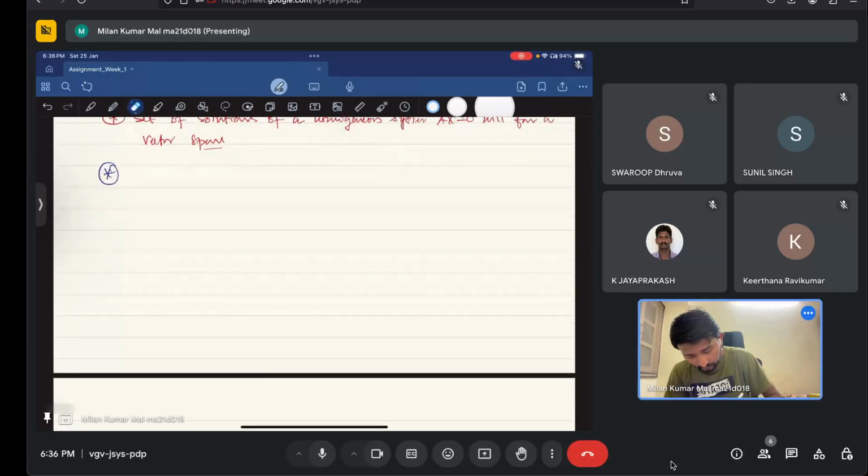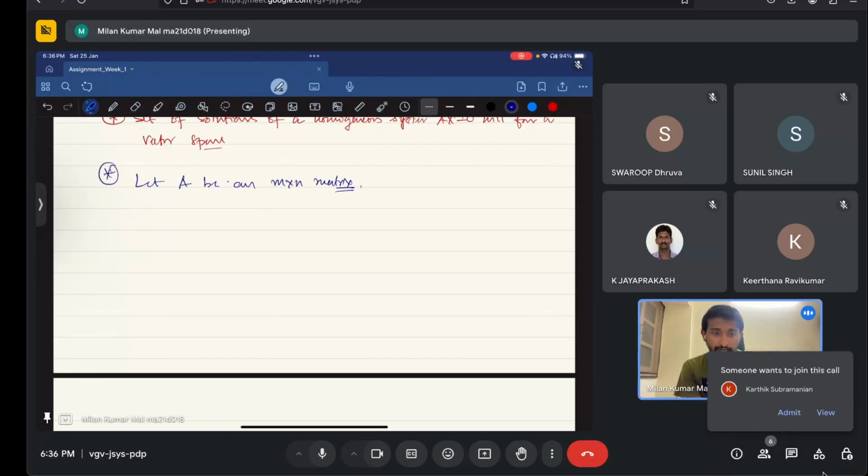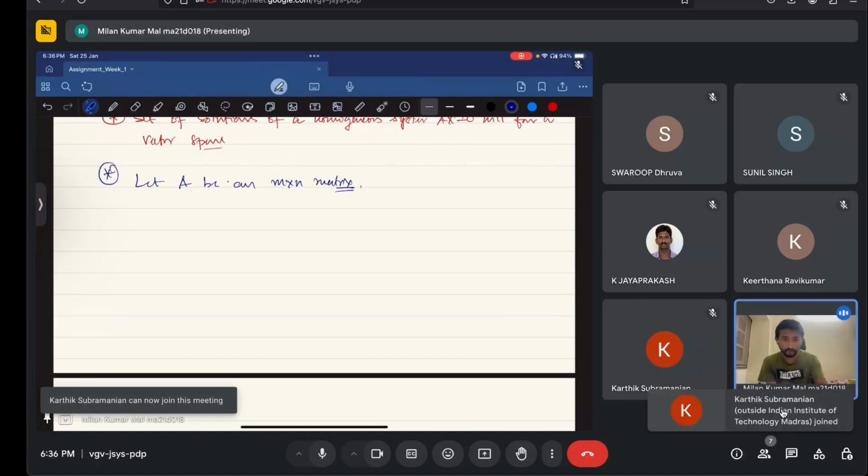Let A be an m by n matrix, over either the real or complex numbers, that doesn't matter. It matters only where the coefficients used in the elementary row operations come from, either from the real numbers or from the complex numbers.